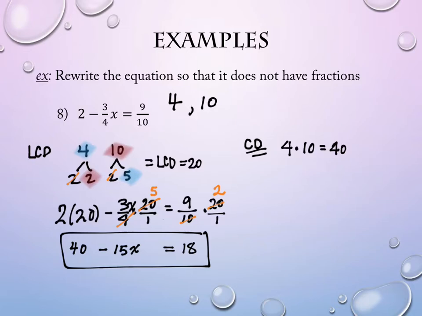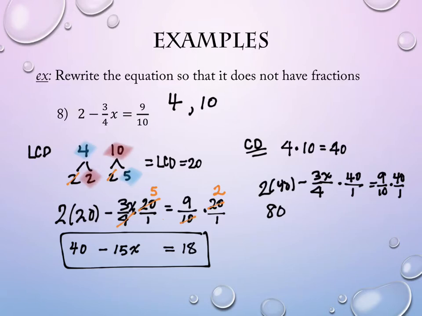So we're going to have 2 times 40 minus 3/4 x, or I'm going to write 3x over 4, and it's times 40. We'll write it as a fraction, 40 over 1. Equals 9 over 10, again, times 40 over 1. All right, 2 times 40 is 80.